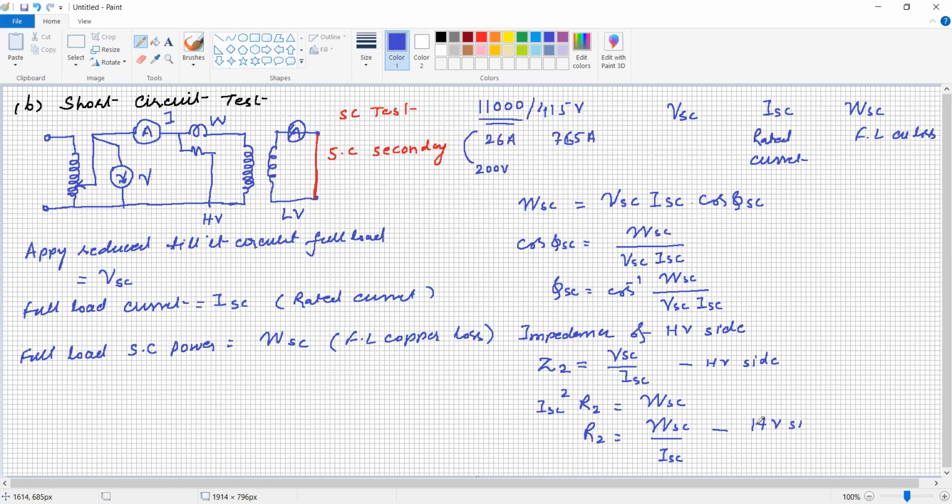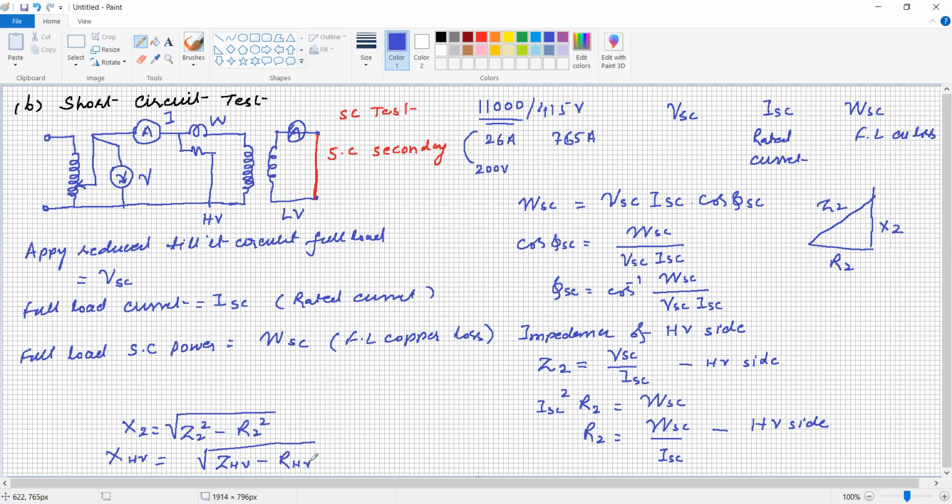Once you know the value of Z2 and R2, as it is an impedance triangle with Z2, R2, and X2, the value of X2 is equal to under root Z2 square minus R2 square.